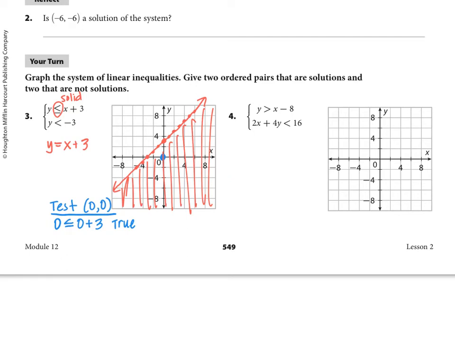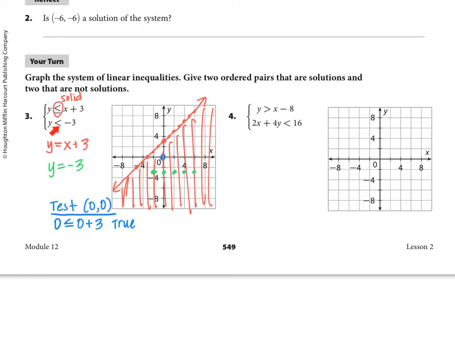Now, for my other line, let's do it in a green color. I'm going to do y is less than negative 3. That's the same as graphing y is equal to negative 3. This line is a special type of line. It's going to be horizontal, because y equals negative 3 means all the y coordinates are negative 3. So if I start at negative 3, like 0, negative 3, 2, negative 3, 4, negative 3, 6, negative 3, and so on.